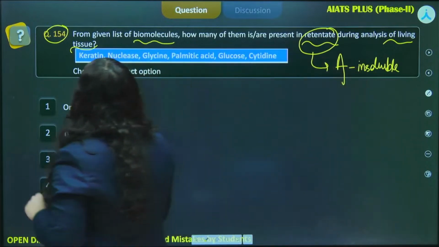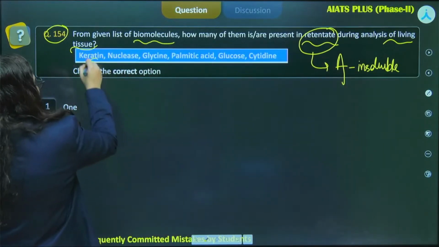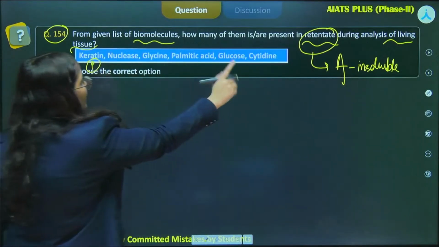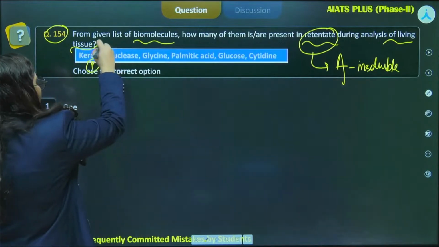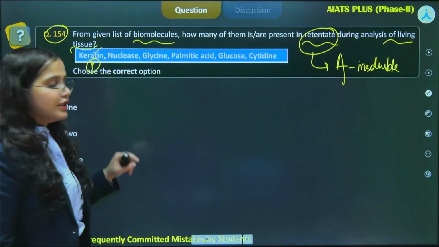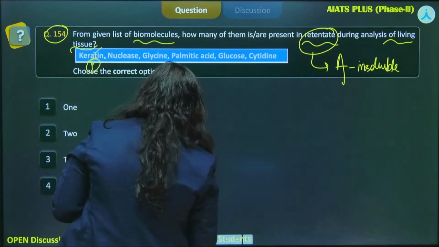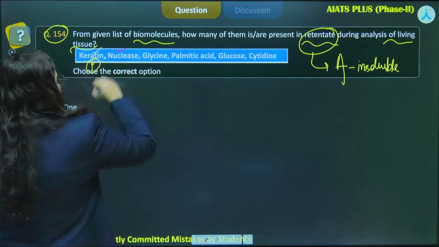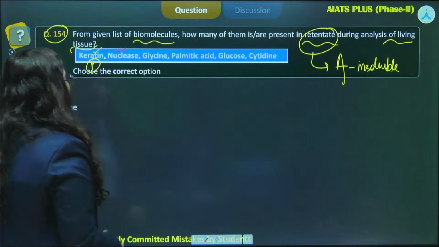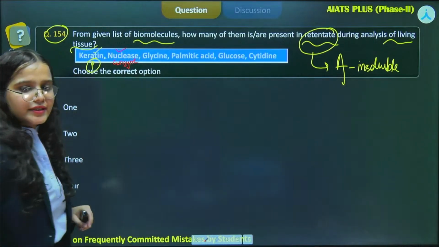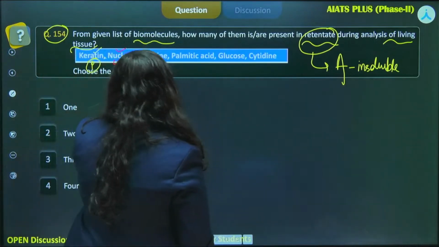When we read the molecules, we will try to figure out the nature of each molecule. We all know that keratin is a protein and it is a polymer, and therefore it will be found in the retentate. Therefore we will include keratin in our answer. Coming to nuclease, nuclease is an enzyme and obviously it is also a polymer. Therefore we will include nuclease in our answer. Alright. Then we have glycine.